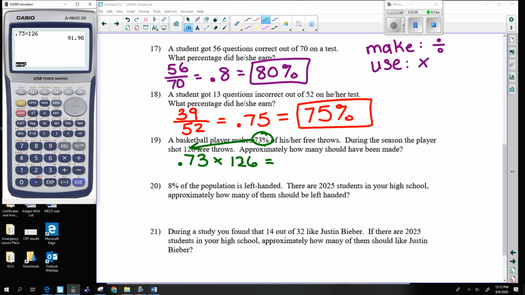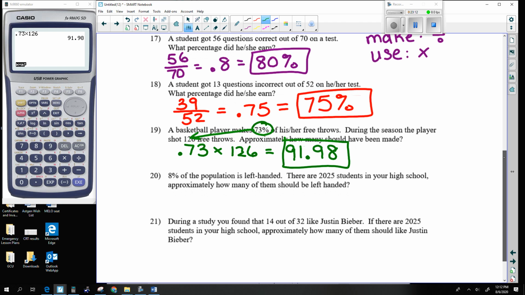That makes more sense. So again, leave me the math answer. Don't round. Okay, don't turn that into 92 or something like that. Give me the math answer. Give me the decimal answer. And so this player would have made 91.98.